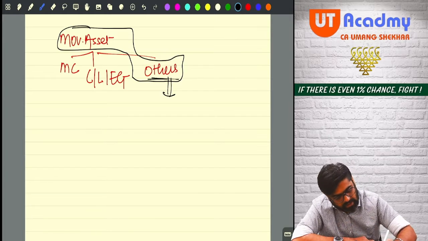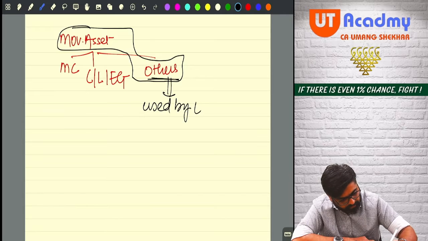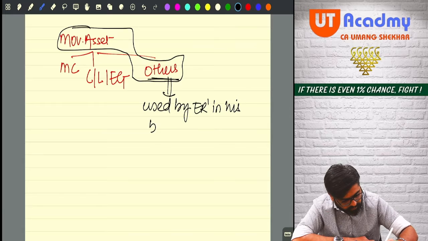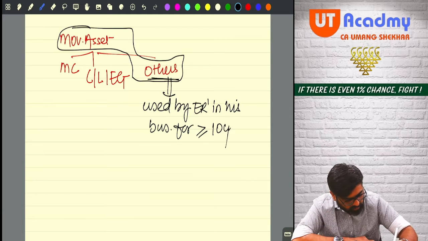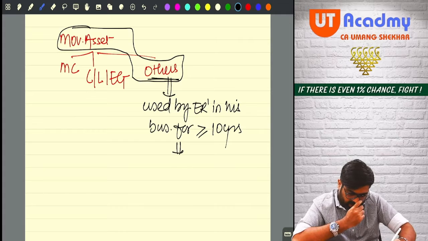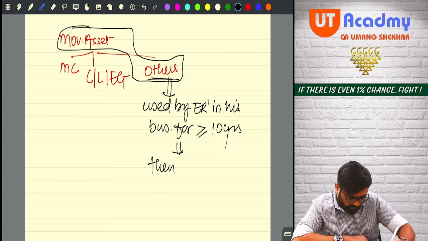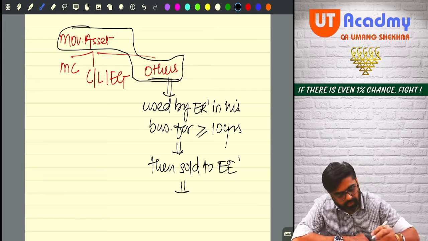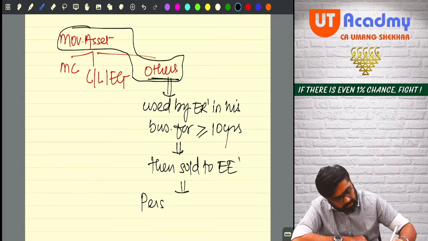Now, if the other assets are used by employer in his business for 10 years or more, and then sold to employee, will there be any personal benefit in the hands of employee?